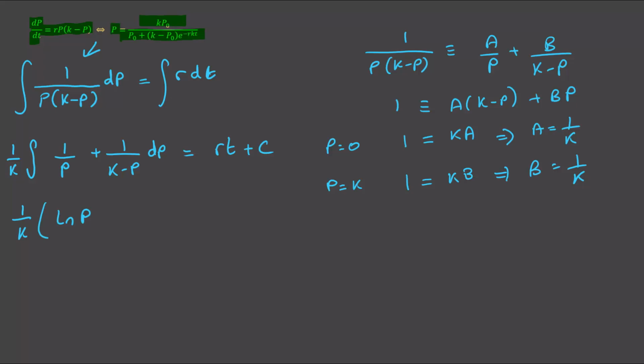I won't bother with the modulus because it's a population, it can't be negative. And then we take away ln(k − p), and that's going to be equal to rt plus some constant. And so we'll have ln of p over k − p equal to krt plus some constant. I'm just going to say that c is equal to ka there.